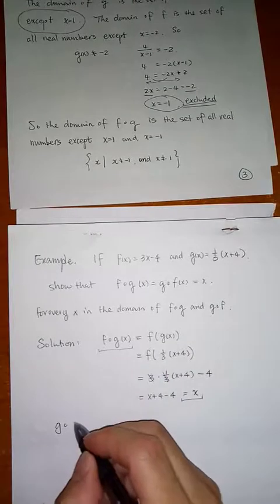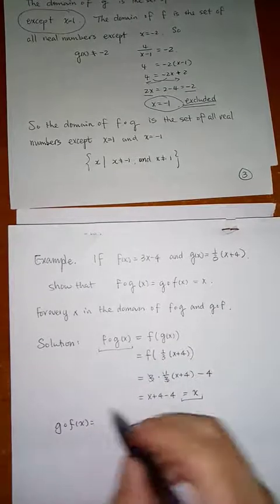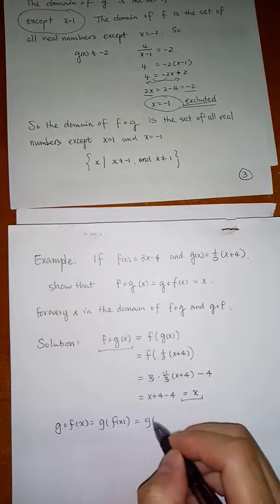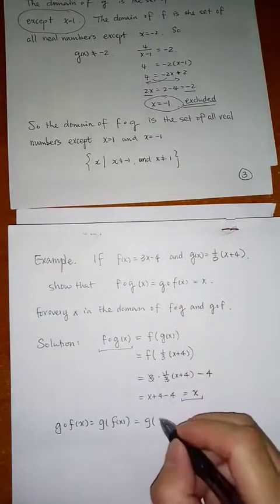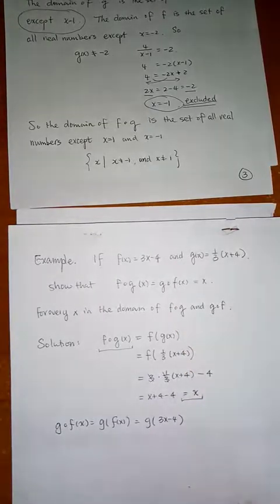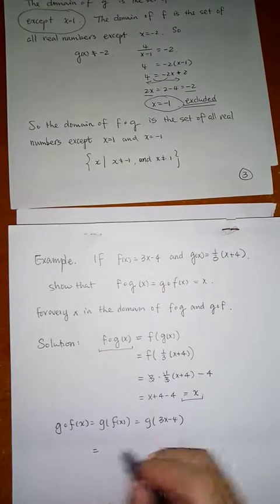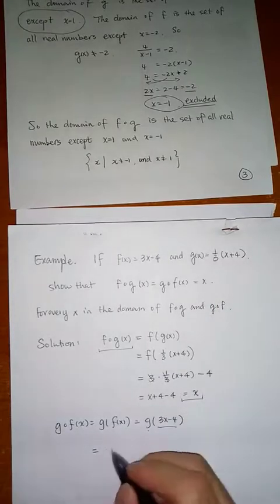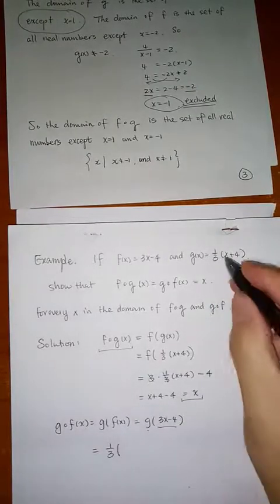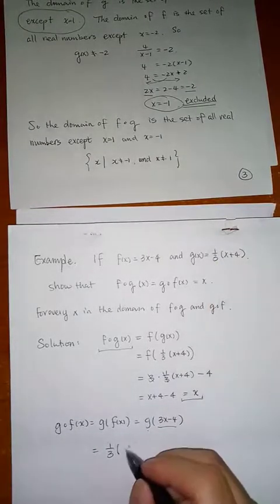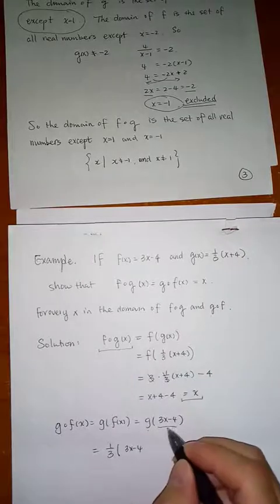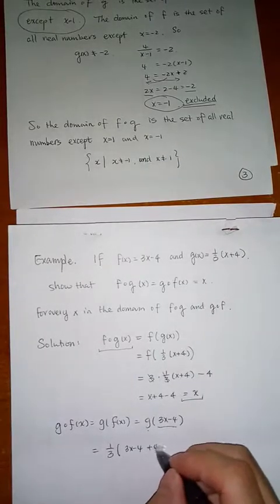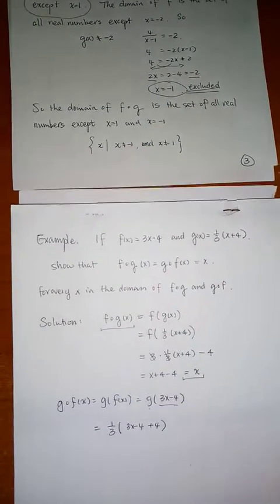So g composed with f of x. It's g of f of x. The external function, you copy it. f of x is 3x minus 4, and g of x is 1/3 times x plus 4, so you get 1/3 times (3x minus 4) plus 4. The constant you always copy.